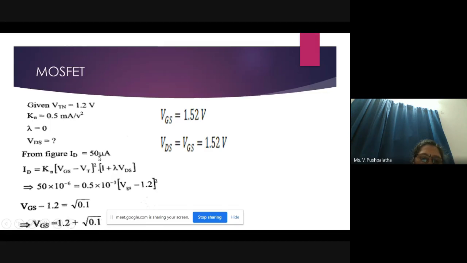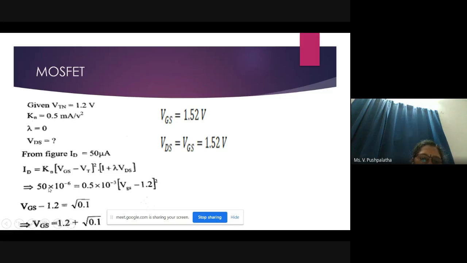Now ID is equal to, this is actually mu n Cox by 2 into W by L, so the whole value is given as 0.5, right? VGS minus VT whole squared into 1 plus lambda. Anyway, lambda value is 0, right? Now ID value is what I had given, which is 50 microamps.